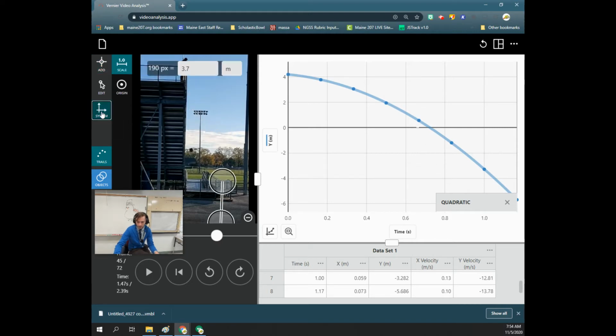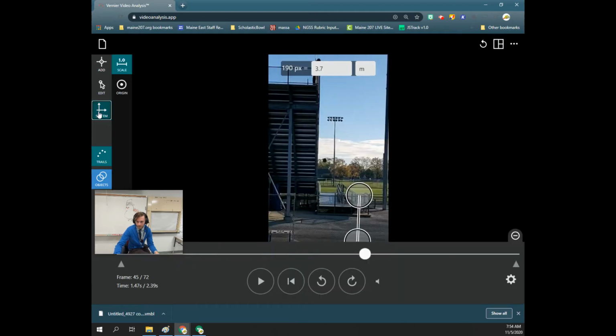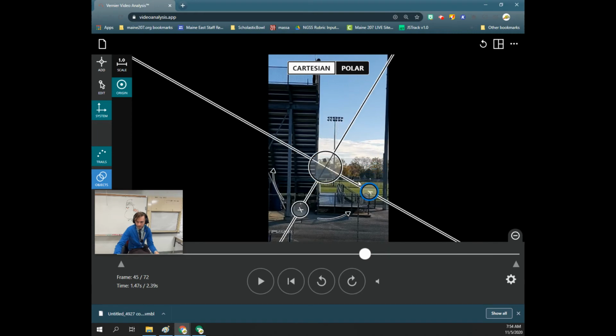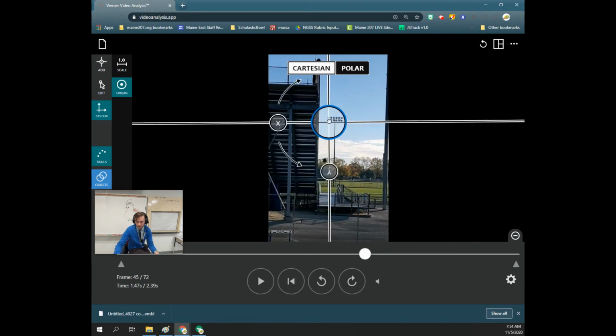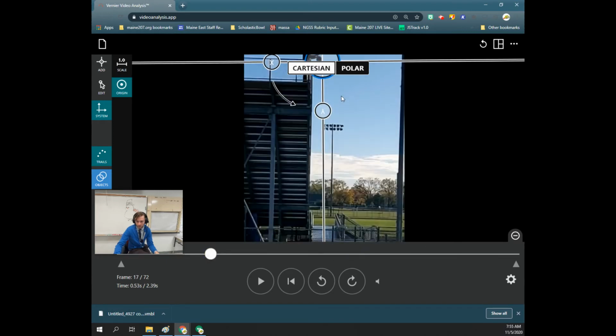So what I can actually do is go to System. So let me just look at my video here for a second. I can go to System and change my origin, because right now y is upwards, which means positive is upwards. But if I rotate this so that the y is down, it's going to make it so that the downwards dimension is positive.